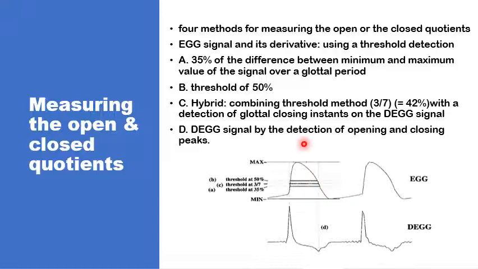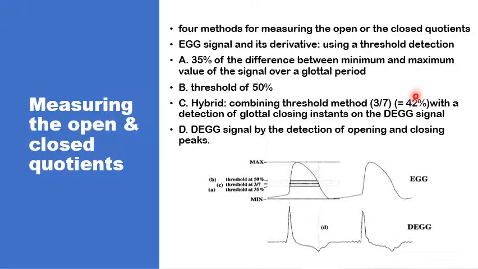There is a fourth way of measuring the start and the end of the closed and the open cycles, and this is to use the positive peak here, which is commonly present in most traces, to mark the start of the closed phase. But to mark the end of the closed phase by measuring 3/7 of the distance between the maximum and the minimum.